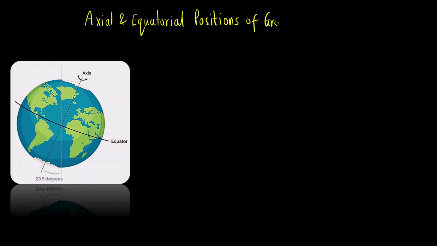Okay, so now how do you identify the axial and equatorial positions of the groups in the chair conformation of cyclohexane? How can we remember that? Just imagine the earth or the globe.